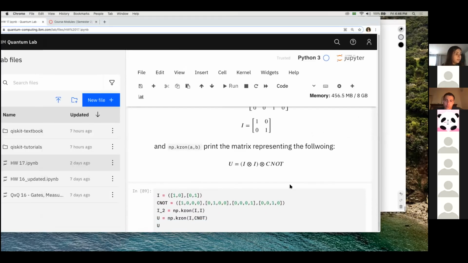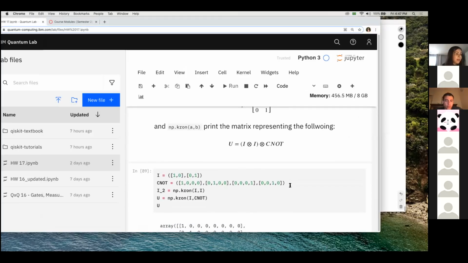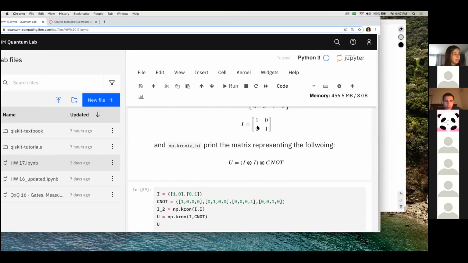To write a matrix in Python, we don't need to put np.array. It understands if you write it like that: square brackets, 1, 0 is the first line, 0, 1. I'm going to mute this for Python so I can show you what I'm doing.